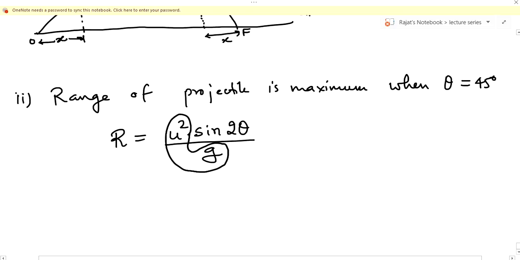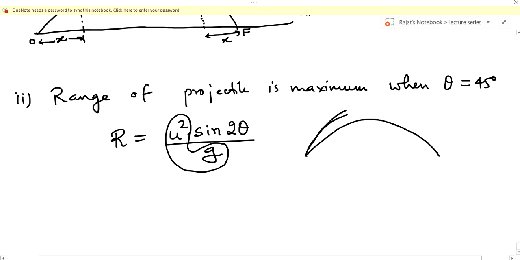If I freeze the initial velocity, obviously when you want to compare at what angle the range is maximum, you have to freeze the initial velocity. You cannot increase the initial velocity for different conditions. That will not be a valid comparison. So you are throwing at different angles.